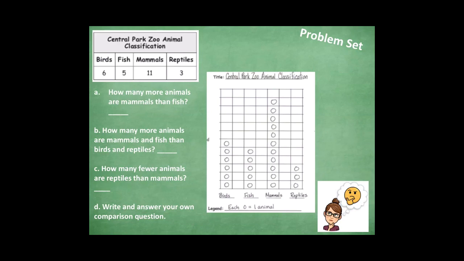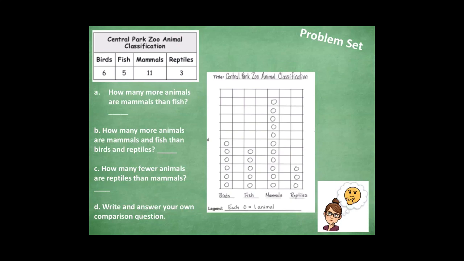B. How many more animals are mammals and fish than birds and reptiles? C. How many fewer animals are reptiles than mammals? And D. Write and answer your own comparison question.